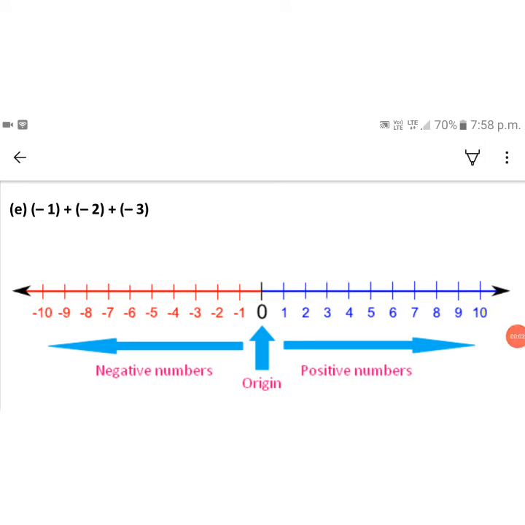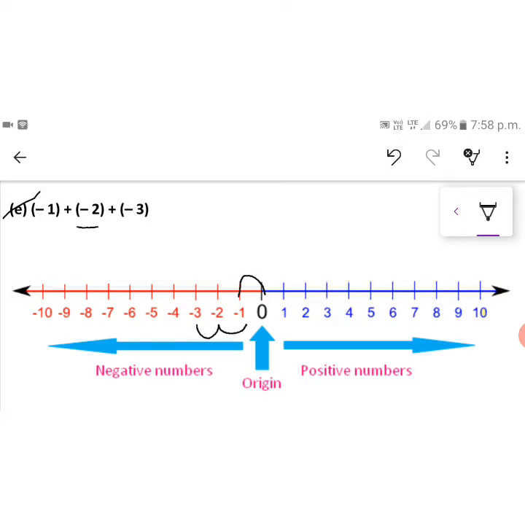E part, minus 1 plus minus 2 plus minus 3. Here first we move 1 step to the left from 0. And then from this point we move 2 steps to the left. 1, 2.